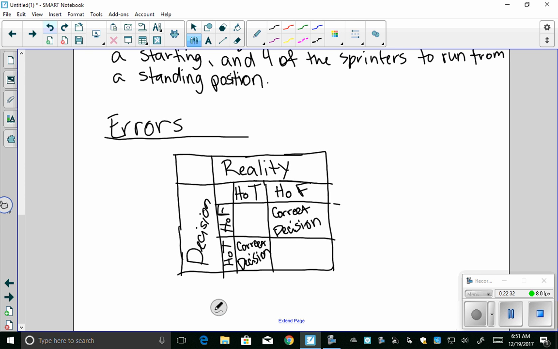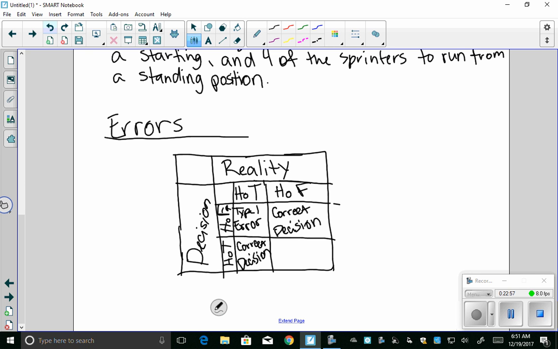Alright. A type 1 error occurs when the null hypothesis is rejected. So if you reject the null hypothesis, but in reality it was true, it is a type 1 error.